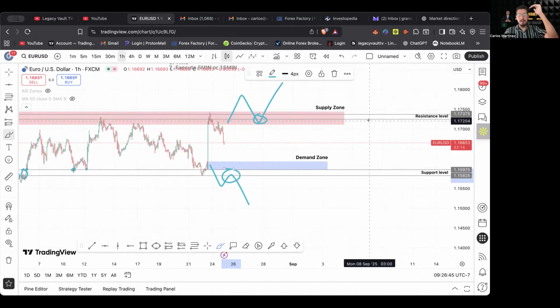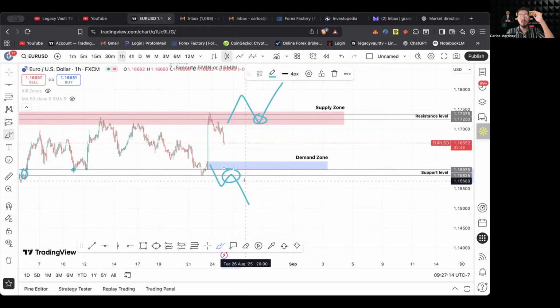So when your resistance is your ceiling, you break above that ceiling. Now you're on the second floor, and now your ceiling becomes your new floor. And when you're trying to go to the downside, when you go from second floor to the first floor, you break below your floor, you break below your support.